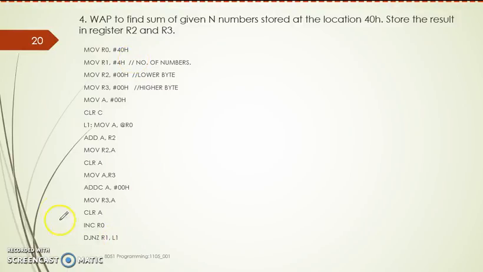Decrement the count and jump back to L1 location to repeat the process. Once all four numbers are added, you will find that the lower byte is stored in register R2, the higher byte is stored in register R3, and the program will be terminated.